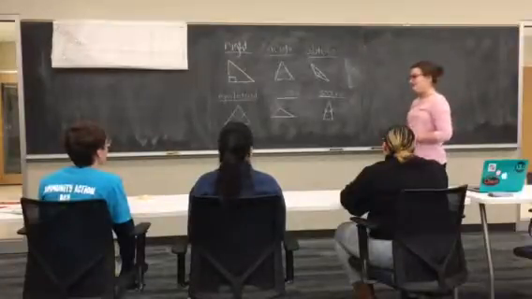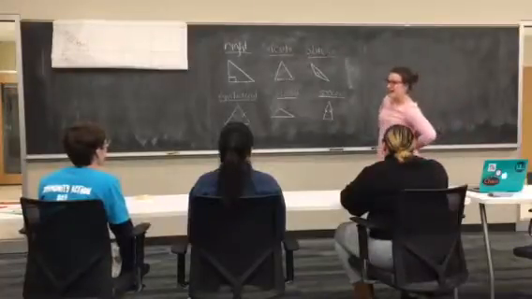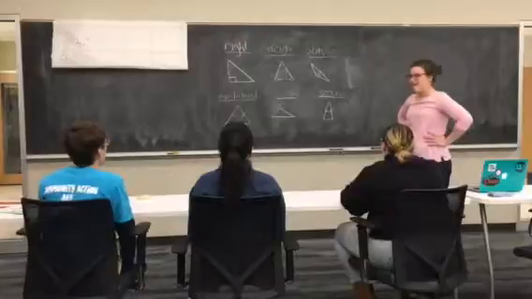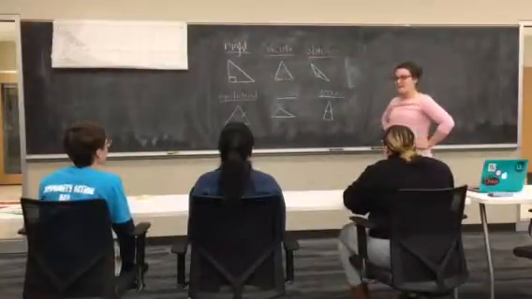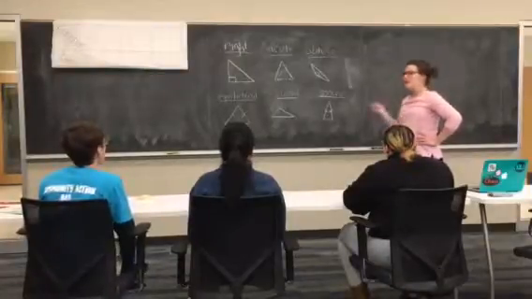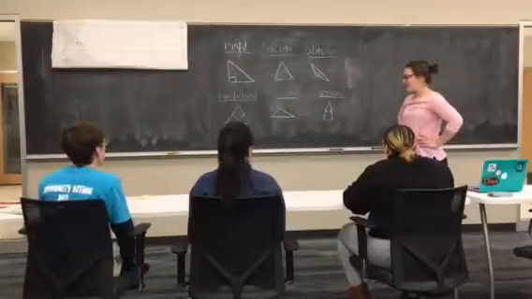Scalene is not routine. Its sides have three different lengths, as we have seen. Equilateral is as it sounds. Three equal sides, we've got it down.